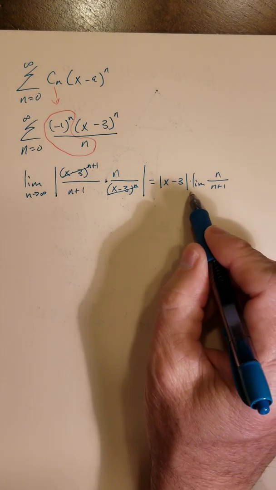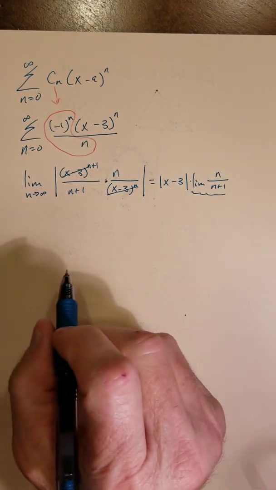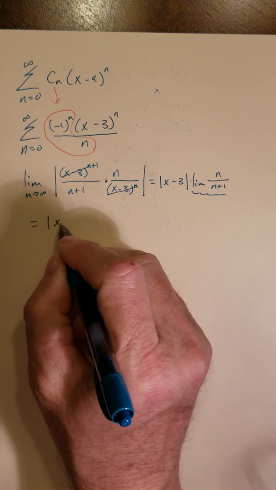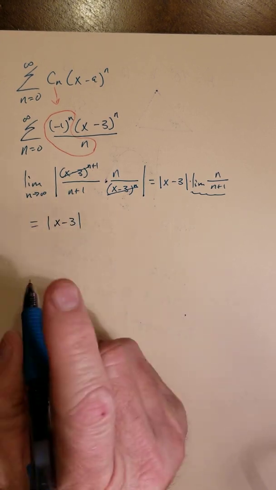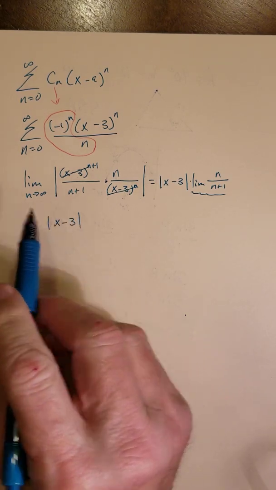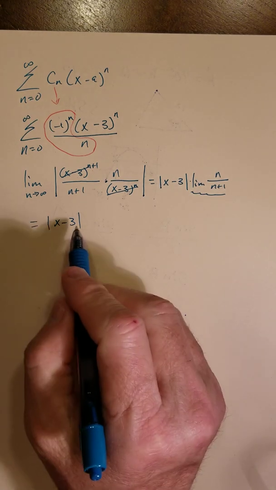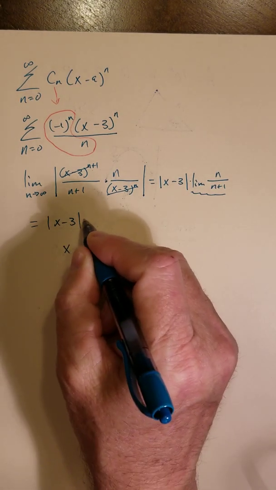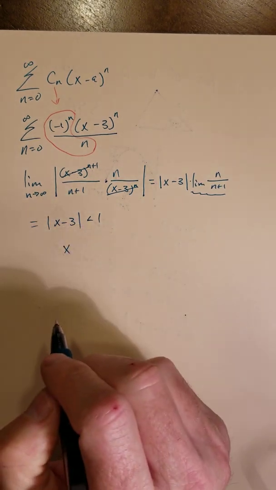Now, this limit by L'Hopital's rule would be equal to 1, so this would equal the absolute value of x minus 3. And remember, according to the ratio test, for this series to converge, we need this to be less than 1. So we will have the absolute value of x minus 3 less than 1.